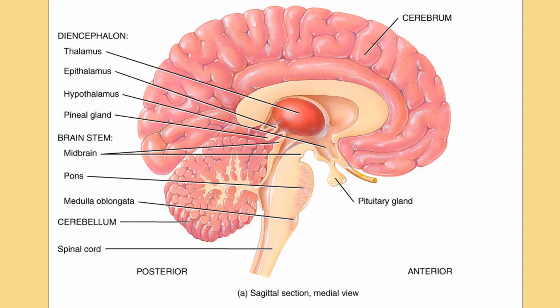And then superior, or sort of superficial to that, is really the cerebrum. And the cerebrum comes in 2 hemispheres. We're only looking at 1 hemisphere in this mid-sagittal section of a brain. And then our 4th major brain region is the cerebellum, and it's posterior to the brainstem and sort of inferior to the cerebrum.